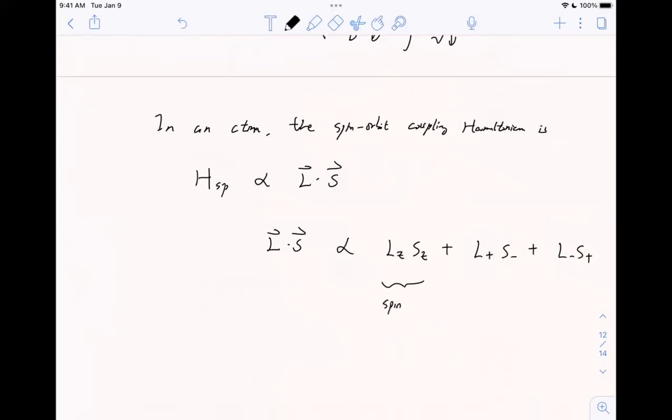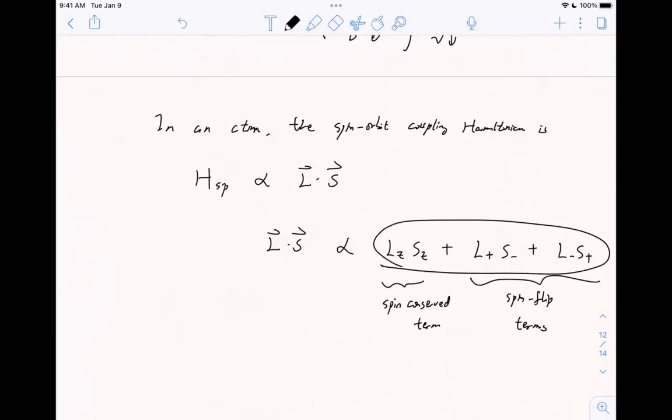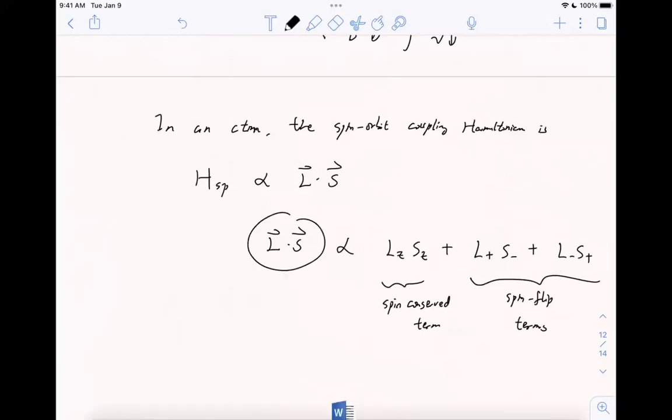The other terms are spin flip terms. Basically here you lower the spin and increase the orbital angular momentum. Here you increase the spin and decrease the orbital angular momentum. This is the general form of this dot product.